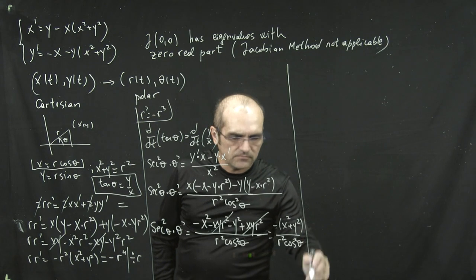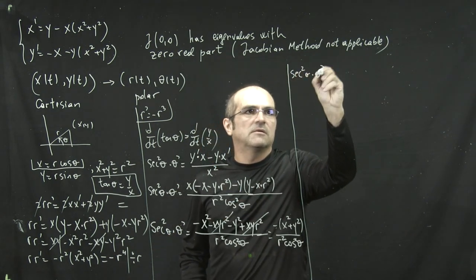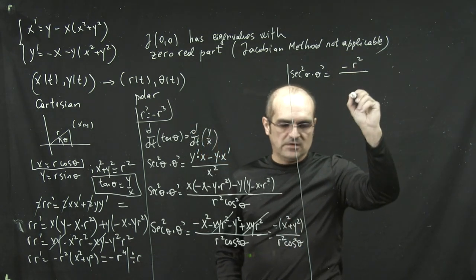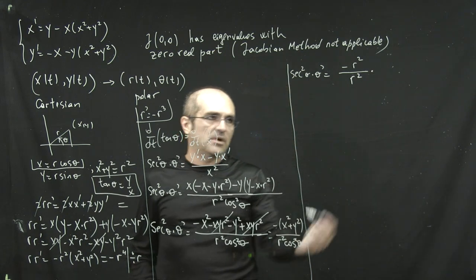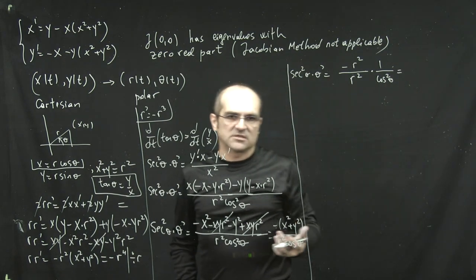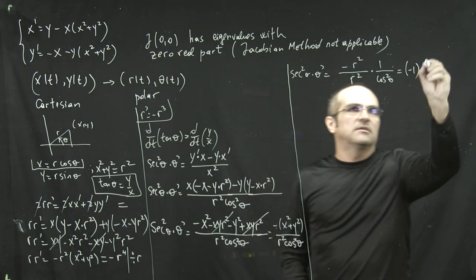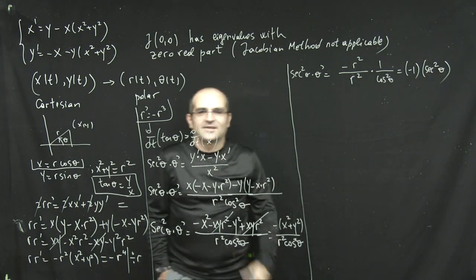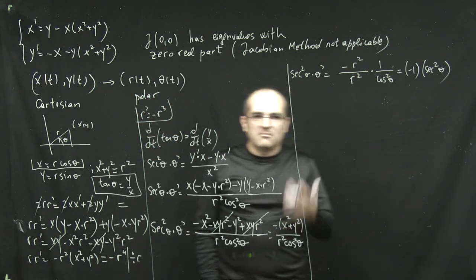So secant squared theta prime equals, on the top, minus r squared divided by r squared, and I also have 1 over cosine squared, but 1 over cosine squared is nothing but secant squared. So this is minus 1 once you cancel r squared, times secant squared theta. Again, it's always unfair when you read this, because you may think, how come that happens?